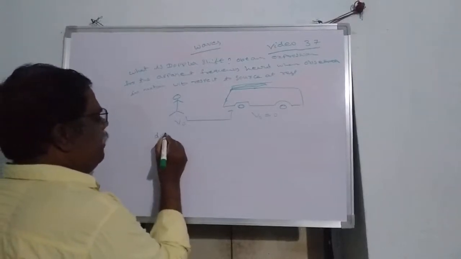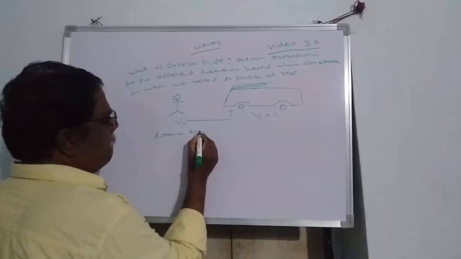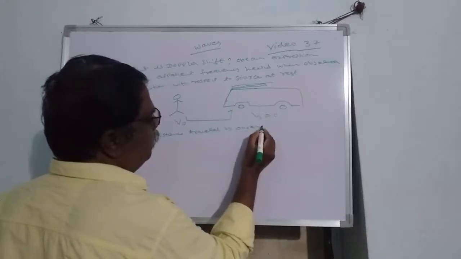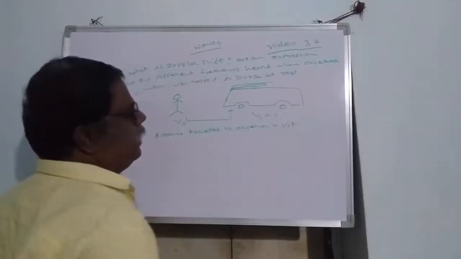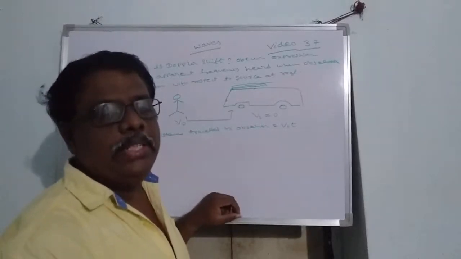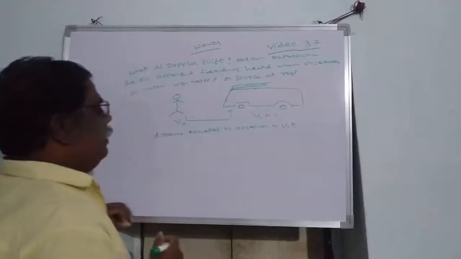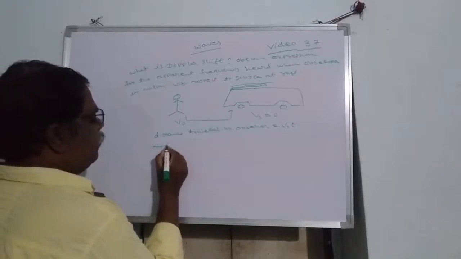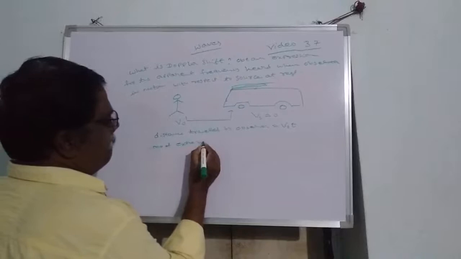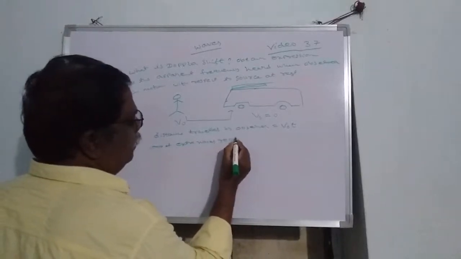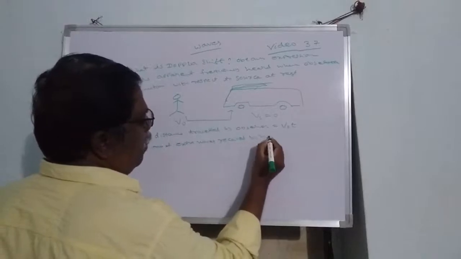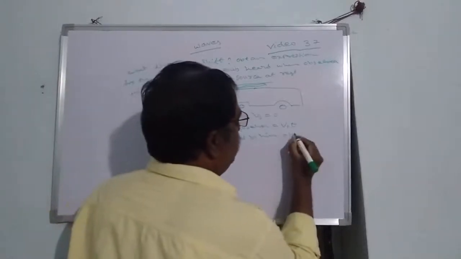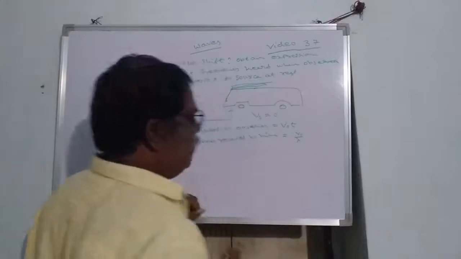The distance traveled by the observer is equal to V naught T. Distance is nothing but velocity into time; the velocity of the observer is V naught, time T. Then the apparent frequency: the number of extra wavelengths received by him as he is moving towards the sound source should be equal to V naught by lambda.